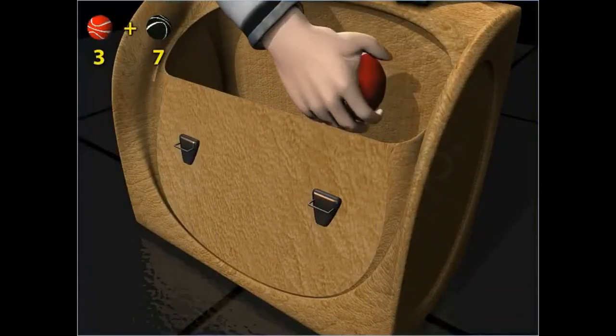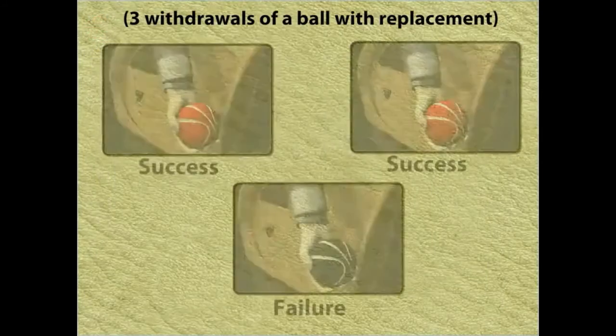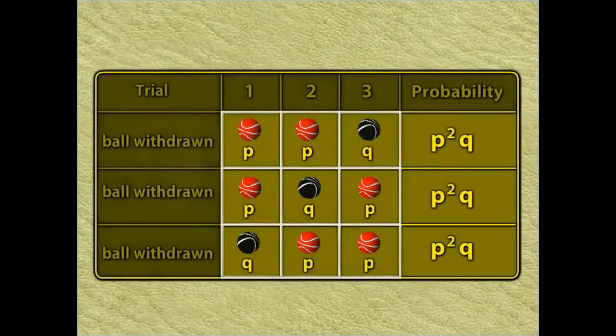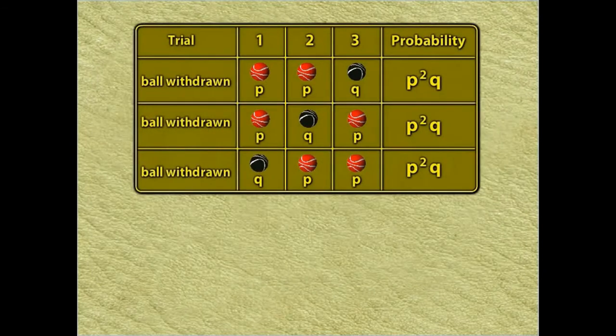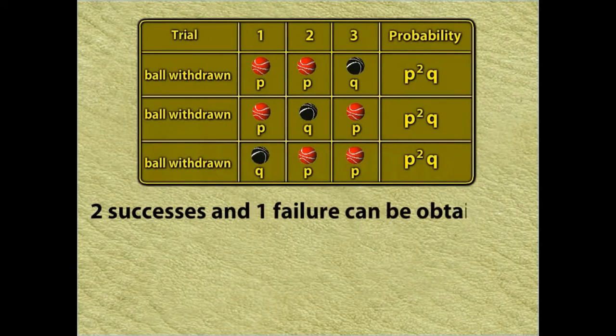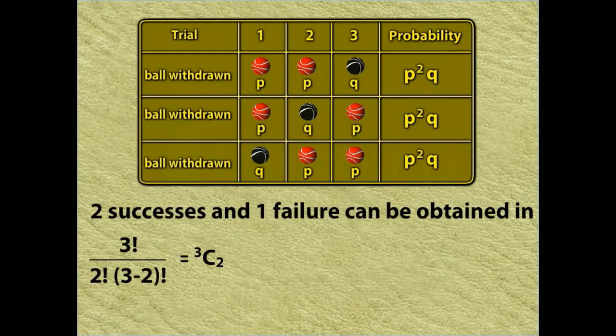Next, consider a case of getting 2 successes. This indicates that the number of failures is 1. 2 successes and 1 failure can be obtained in 3 combinations, or you can say that the total combinations for 2 successes and 1 failure are 3 factorial upon 2 factorial into 3 minus 2 whole factorial, or 3C2.